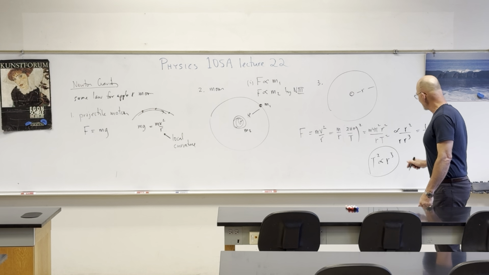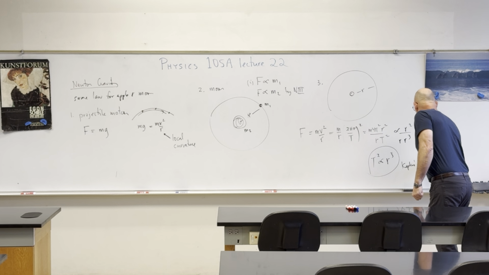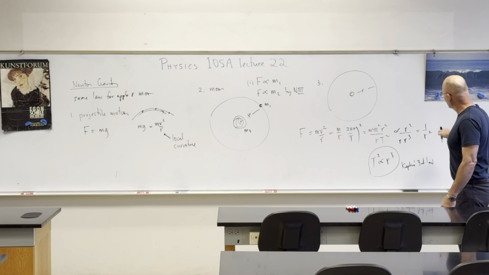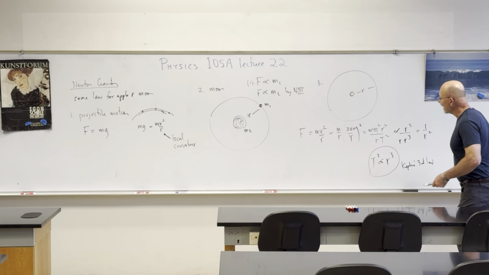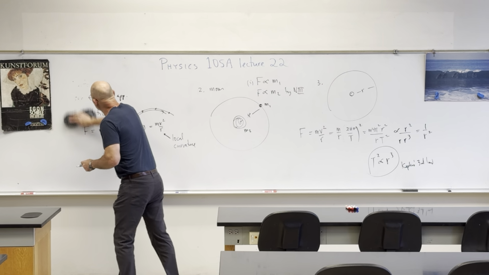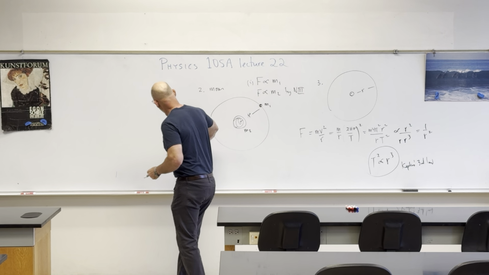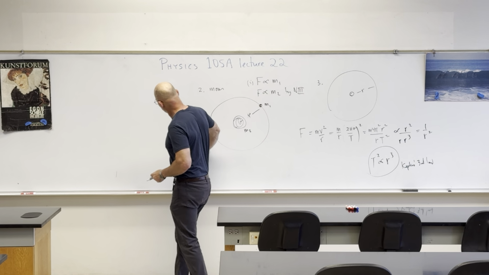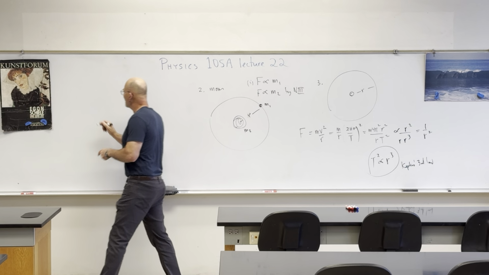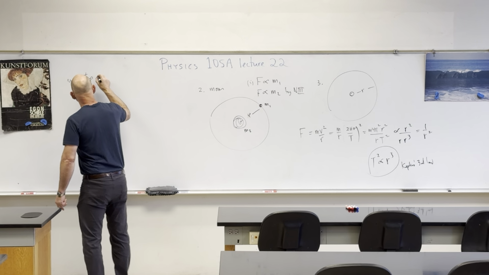But this was Kepler's third law, and then you get the 1 over r squared. So now I'll continue along the lines of what we had last time, with a little more explanation. The next step would be universal gravitation.